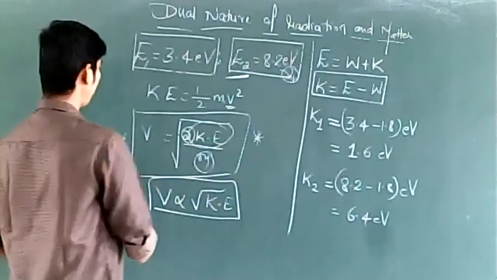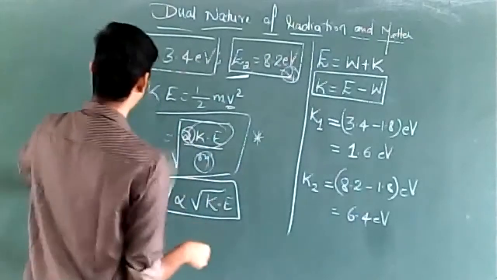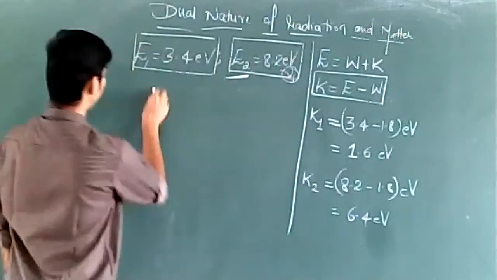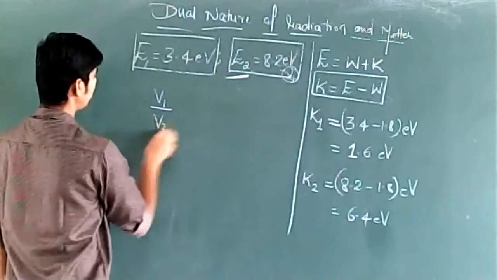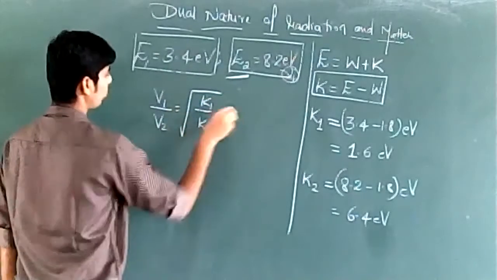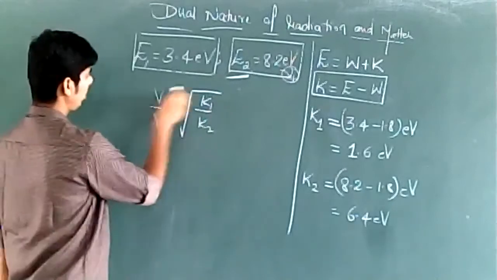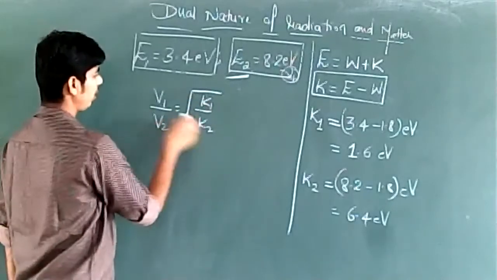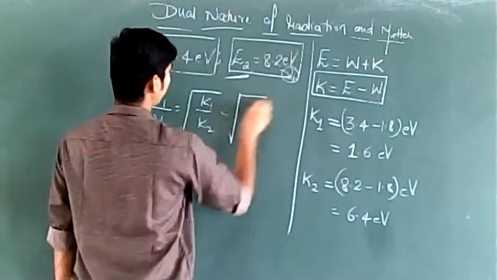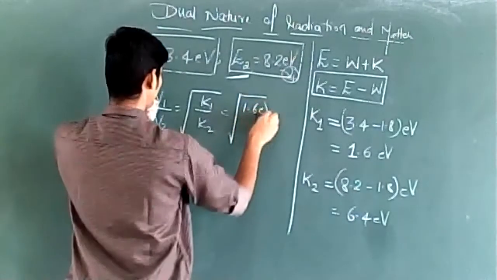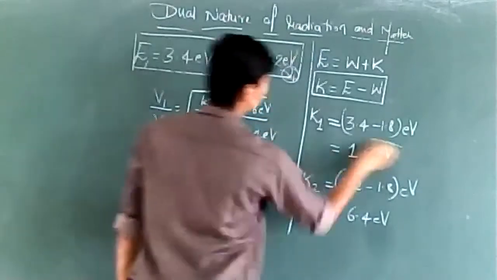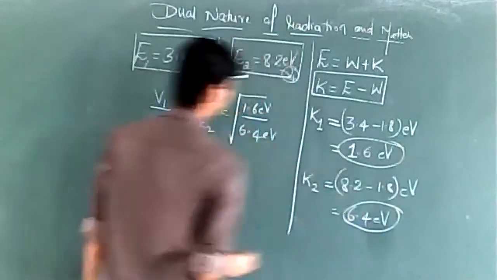The ratio of speeds of photoelectrons can be written as V1 by V2 equals square root of K1 divided by K2. V1 is proportional to square root of K1, V2 is proportional to square root of K2. That equals square root of 1.6 electron volt divided by 6.4 electron volt, using the kinetic energies we calculated in the first and second cases.